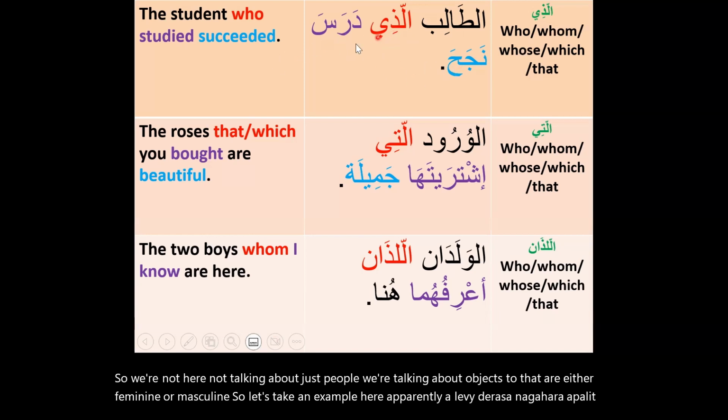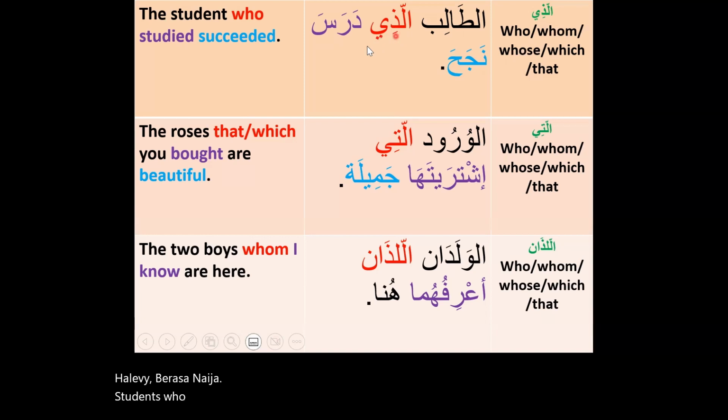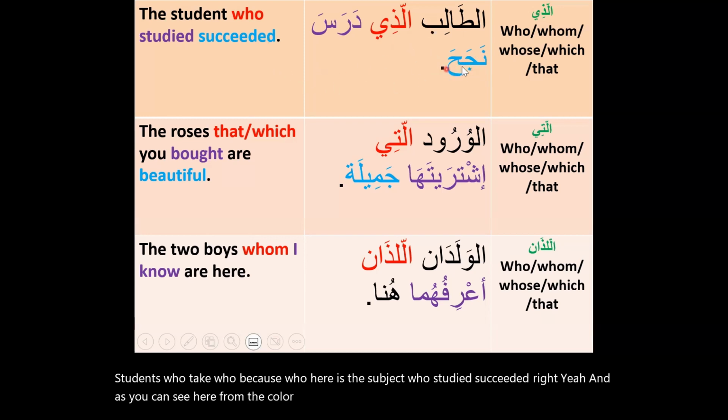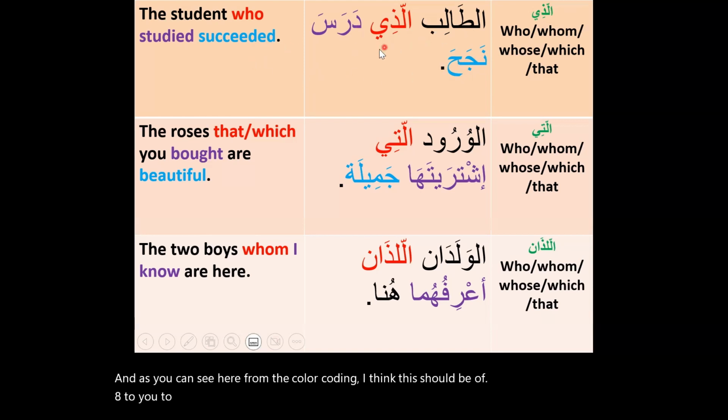The student who, because who here is the subject, who studied, succeeded. نجح. And as you can see here from the color coding, I think this should be of aid to you to figure out the meaning of the sentences.